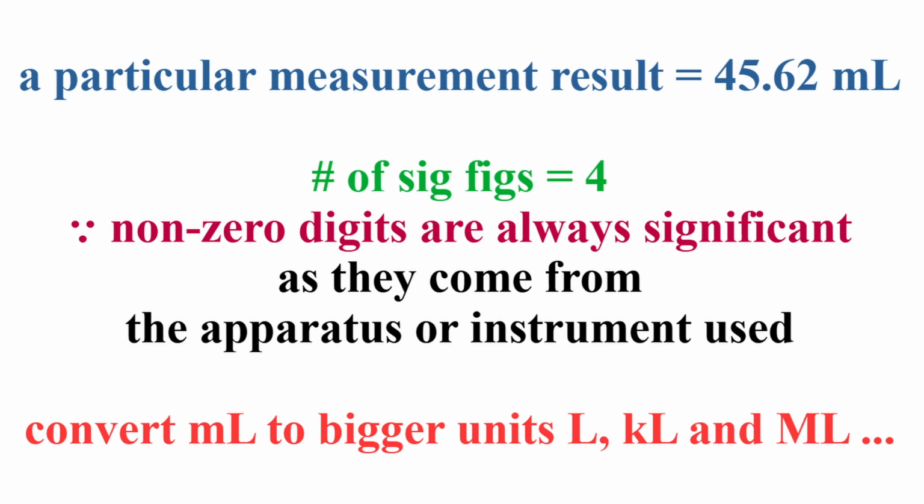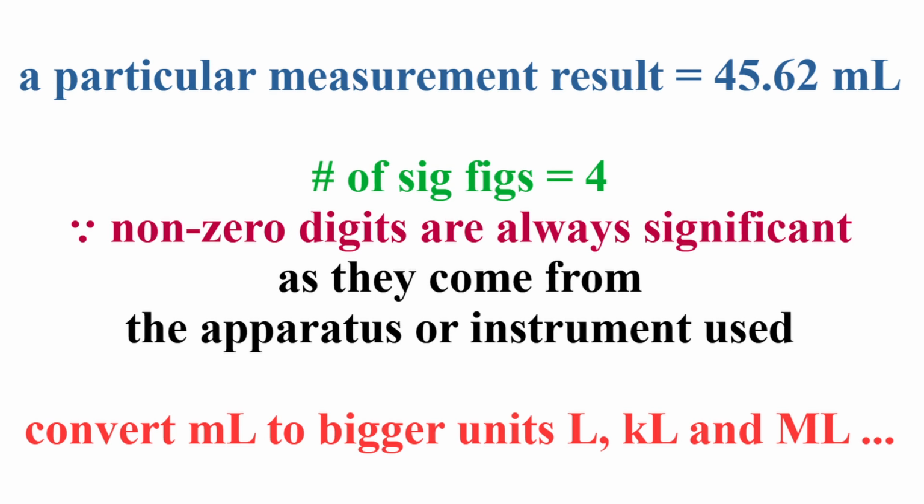The last digit is an estimate of the meniscus position in the space of the smallest subdivision, which is also considered as significant. Therefore, the number of sigfigs is 4.